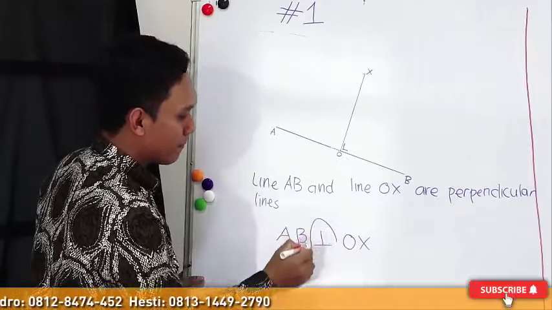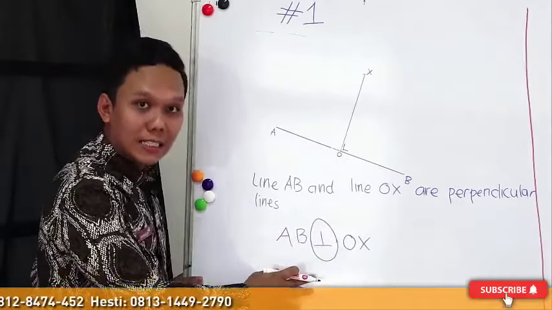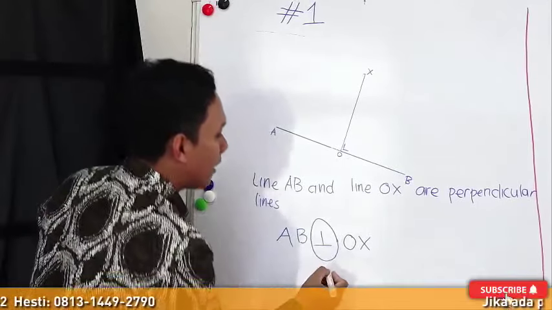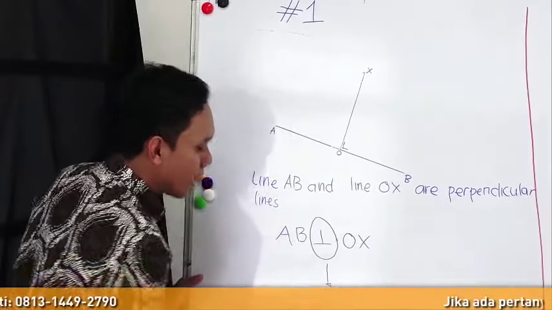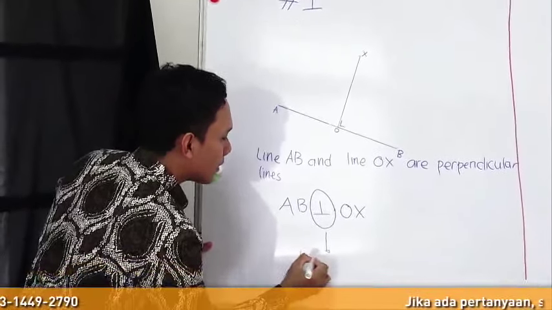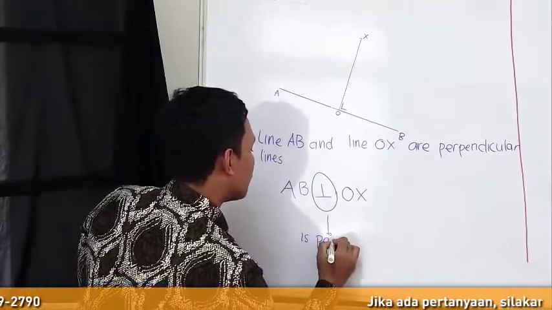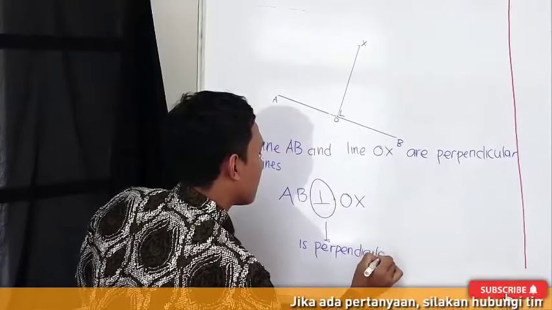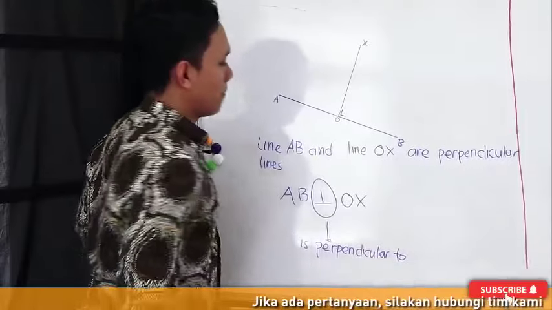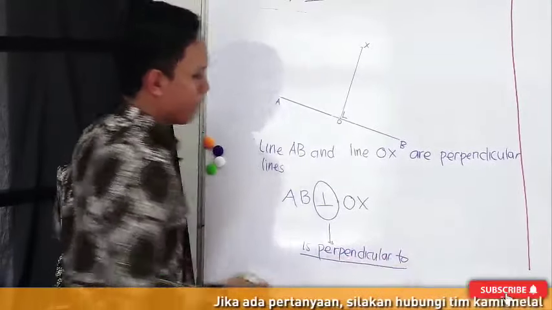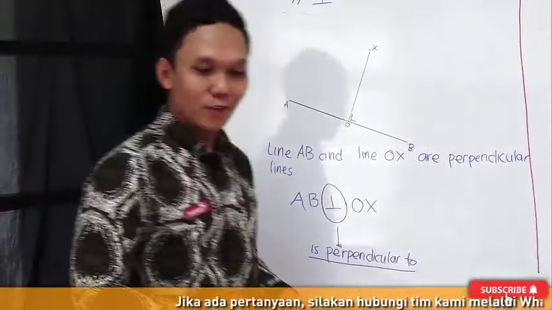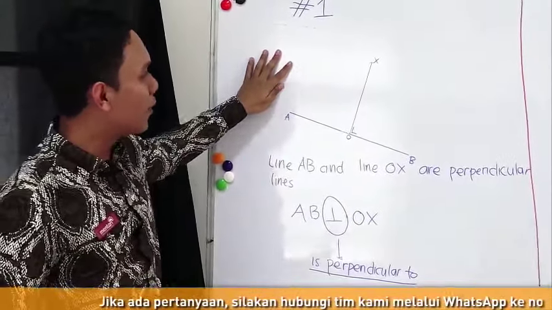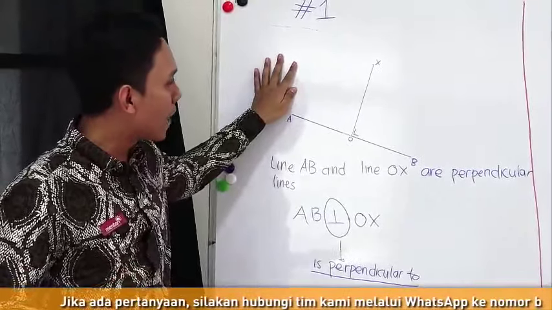This one is the symbol for perpendicular lines, yeah? That means, or it stands for, is perpendicular to. Is it easy? Can you do this method one, drawing the perpendicular lines using ruler and set square?